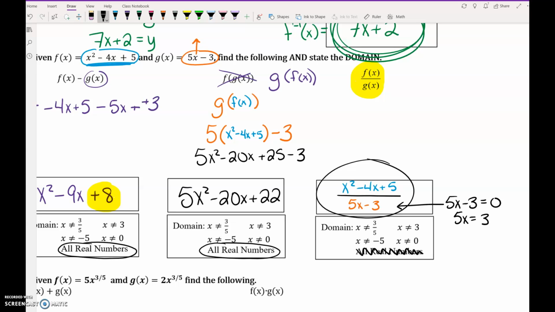Solve that equation. So when x is 3/5, the bottom is going to equal 0. The bottom can't equal 0, so x can't equal 3/5. So put the bottom equal to 0, and then your domain is x can't be that thing.